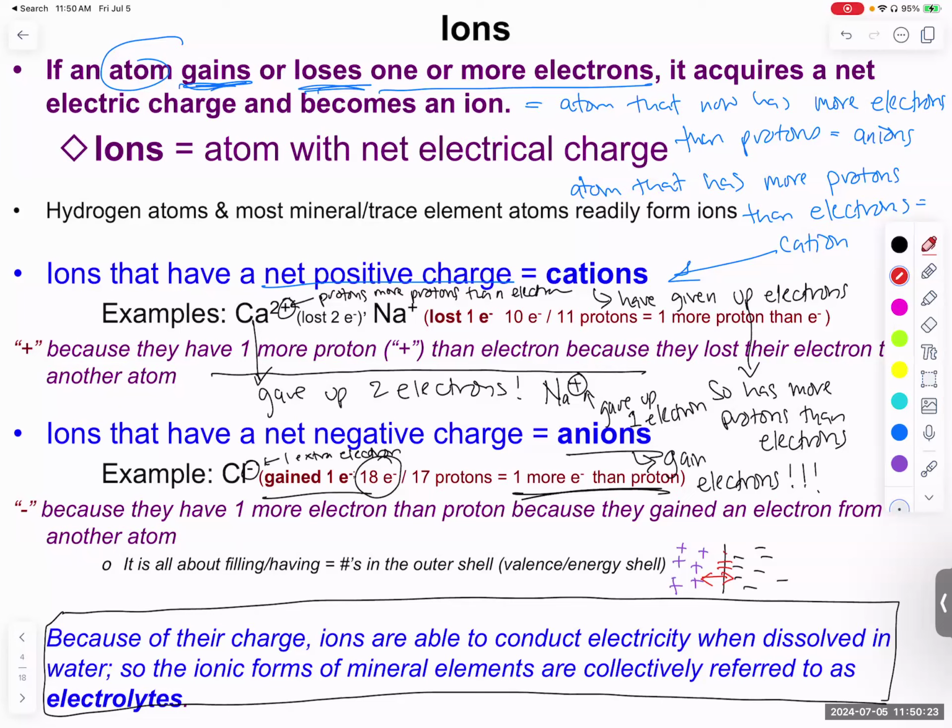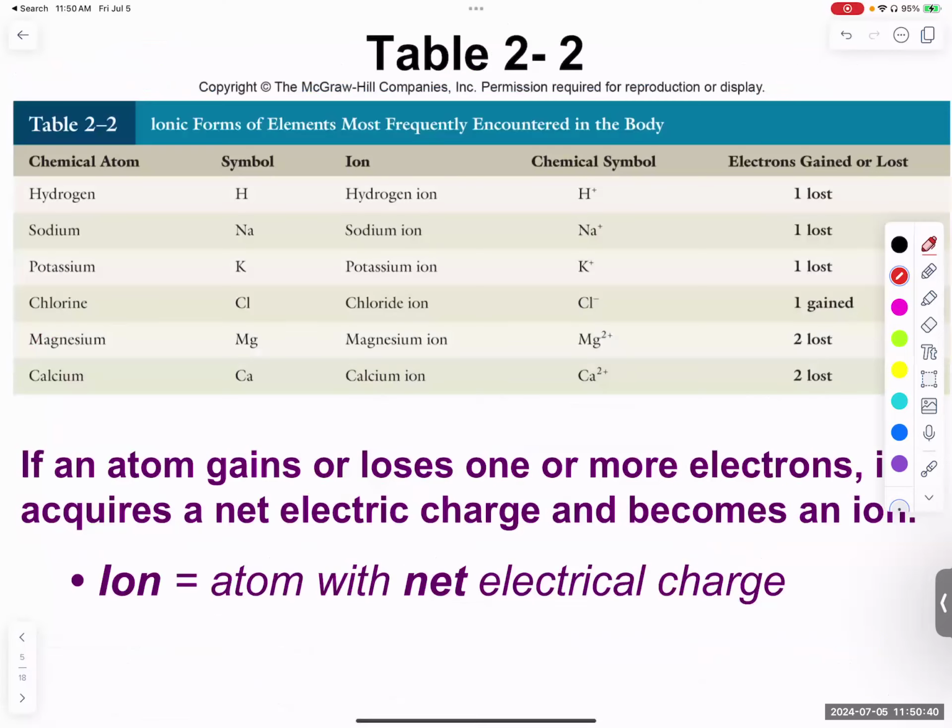And when charged particles move, that is what we call electricity. And so in physiology, this is really important to have all these ions because this is what's going to keep your nervous system generating action potentials or electrical currents.